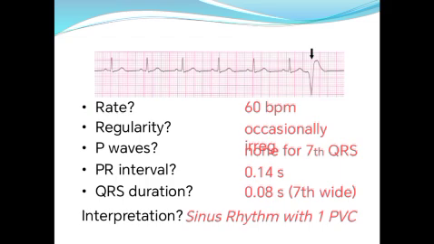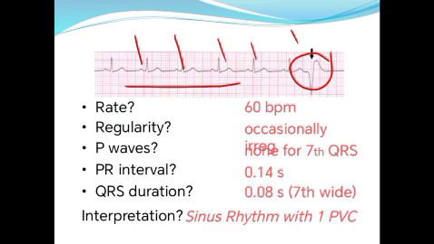This is an example of premature ventricular contraction. Here we have a normal ECG before the abnormal one comes. The rate is 60 beats per minute and regular. But when it comes to the 7th beat, it is occasionally irregular, so we can call it an irregular rate. The P wave is normal here, but here it is abnormal, and the PR interval is also normal.